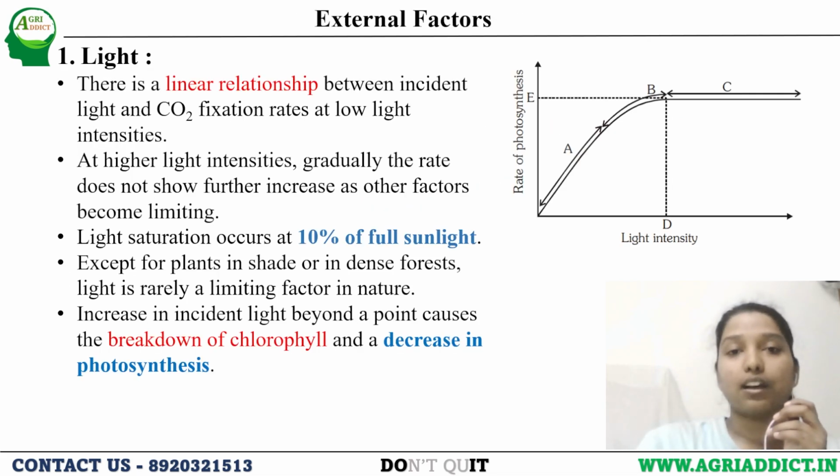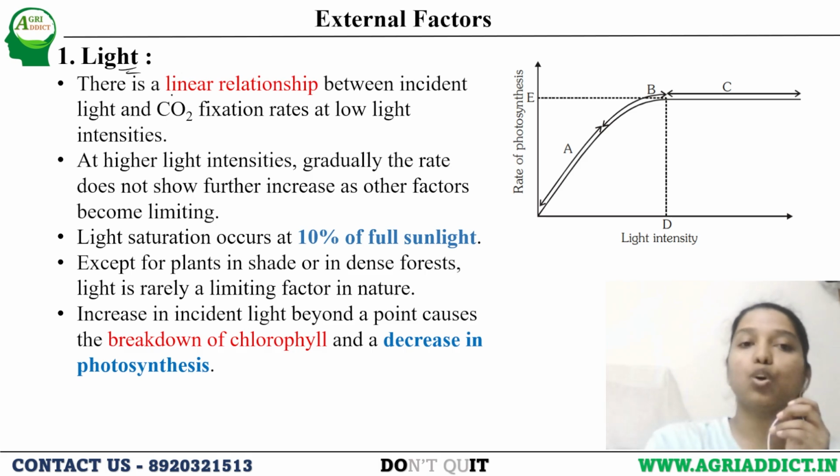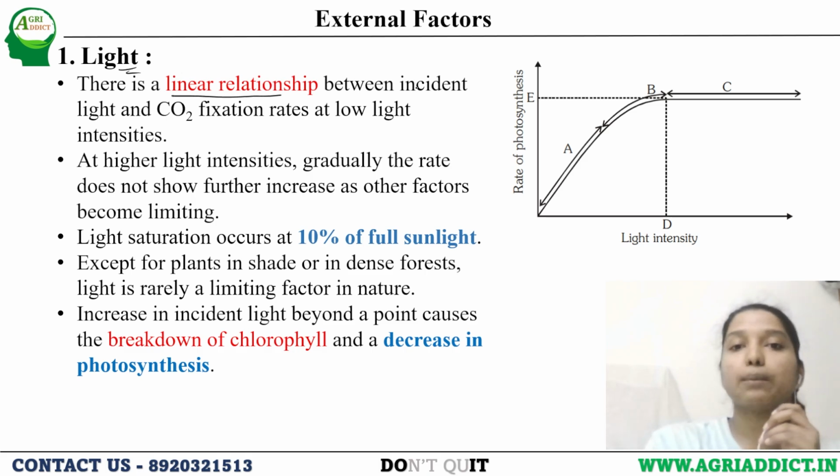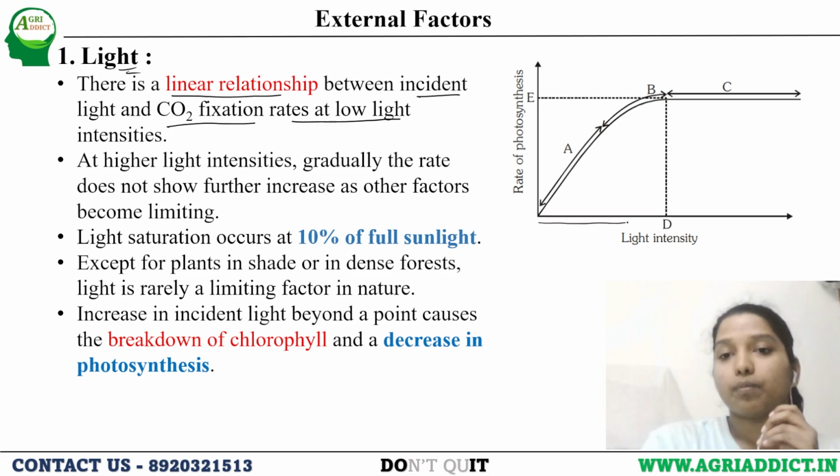The first external factor is light. There is a linear relationship between incident light and carbon dioxide fixation rate at low light intensity. When the light is low, we are saying that there is a linear relationship, meaning if we increase the light intensity, the rate of photosynthesis increases, but only up to a certain level.